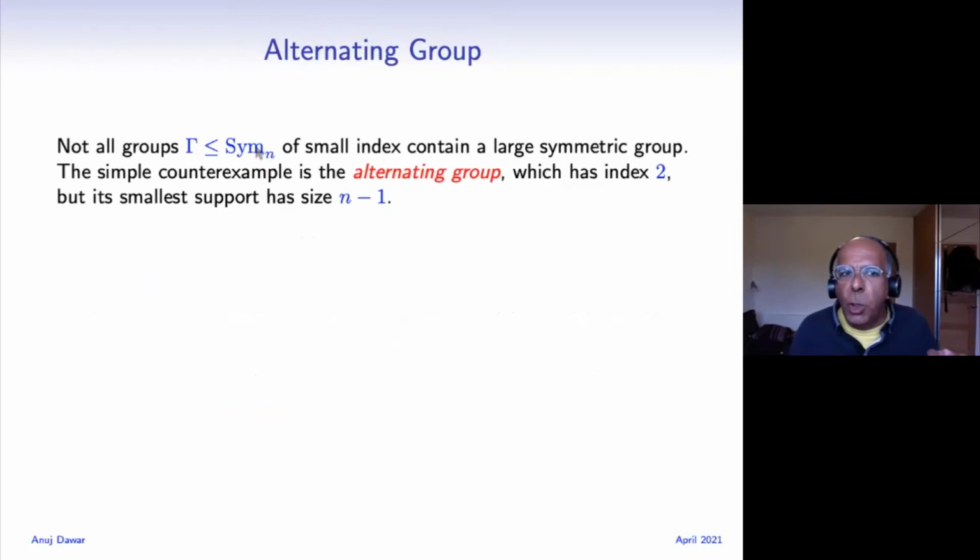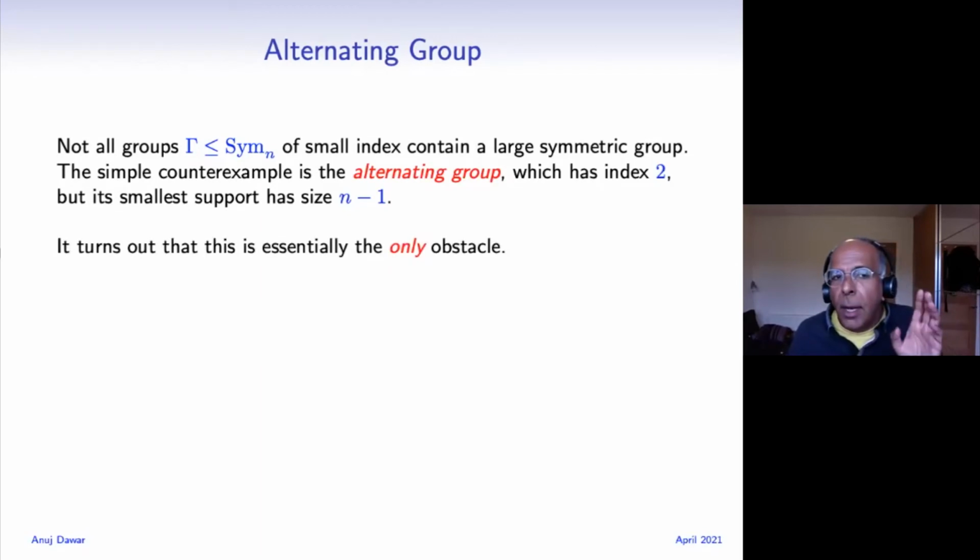It has index 2 in Sym n, but its smallest support has size n minus 1, because there isn't any large subset of n such that all permutations of it are contained in the alternating group. You actually have to fix n minus 1 elements to get that all permutations of the remaining elements are in the alternating group. As long as you have 2 elements outside, the swap is not in the alternating group.